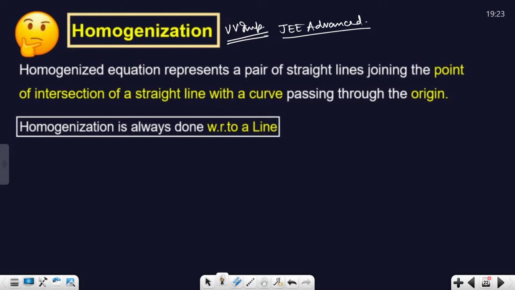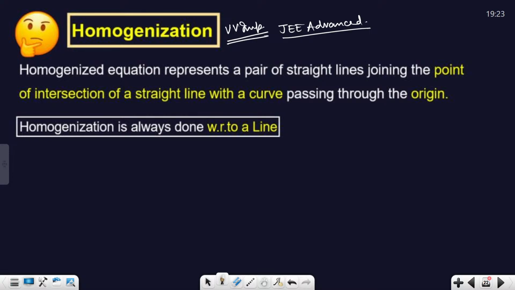What is this funda? We will capitalize on a particular thing. We know that any homogeneous equation of degree 2 always represents a pair of straight lines passing through the origin. On this concept, we will capitalize.